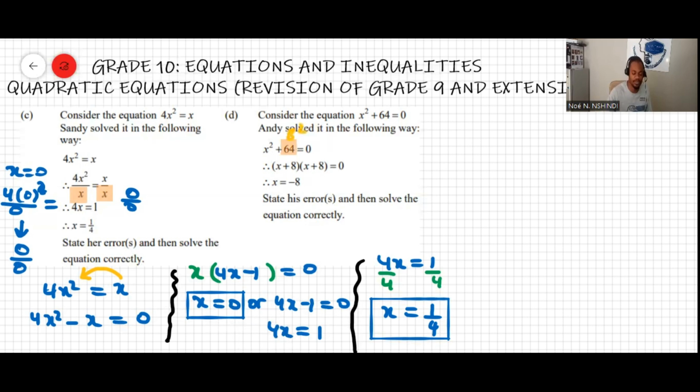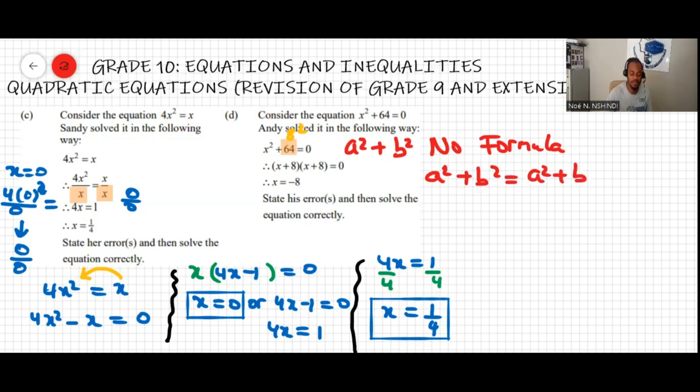So she thought there is a rule for a squared plus b squared, but there is no rule, no formula for this. It's a squared plus b squared, it stays the same. It's still a squared plus b squared.